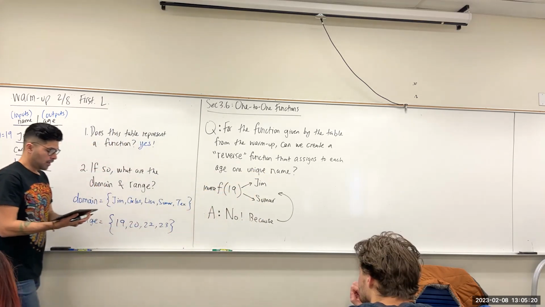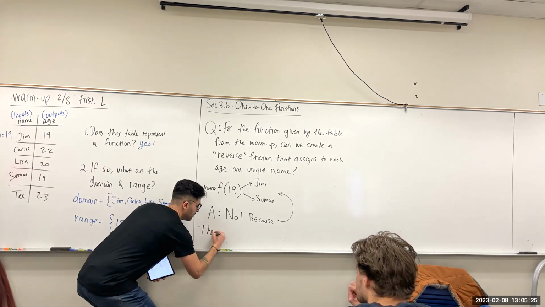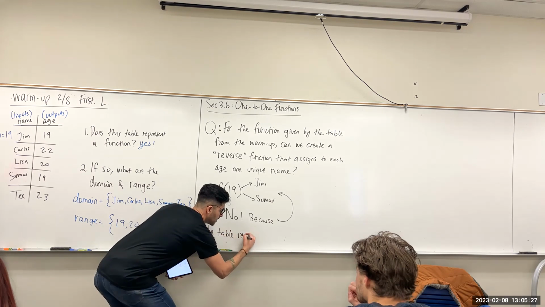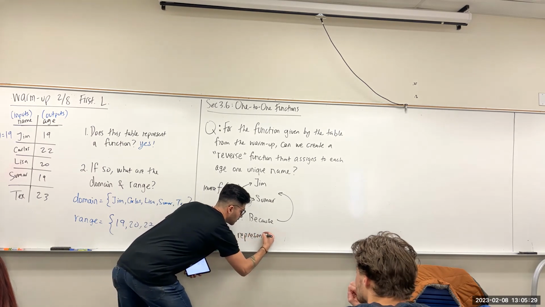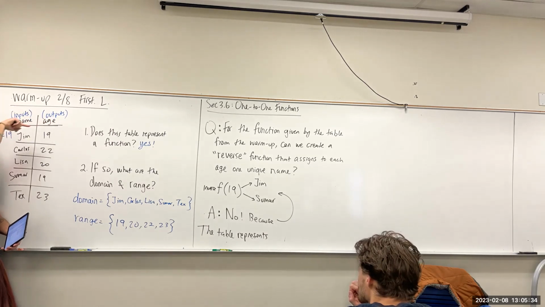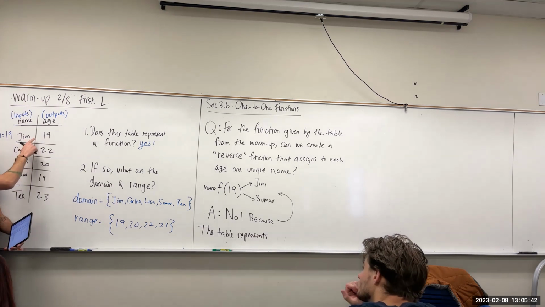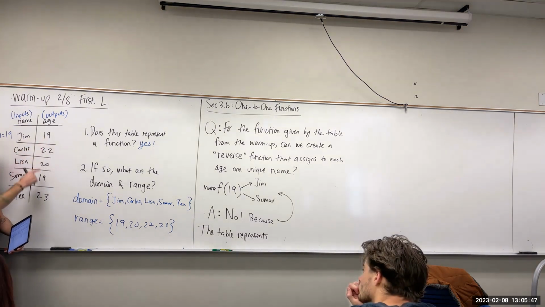Okay. And so the table represents, from what we said in the warm-up, this direction is a function, right? This was okay. You guys were discussing with your classmates. But if I try to go the other way, then it fails. The reason it's failing is because even though it's okay for the output 19 to show up here and here, when I try to go backwards, that's the reason why it failed.